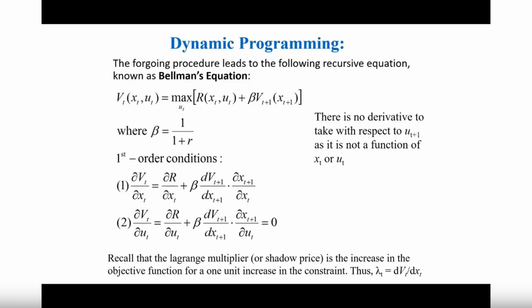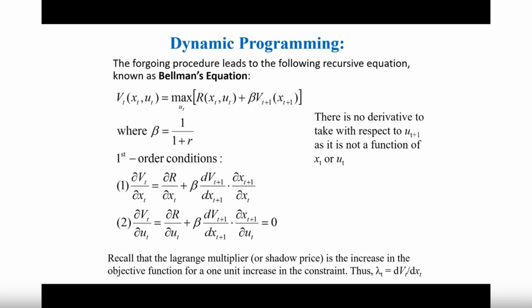Now, returning back to the foregoing procedure, we end up having a recursive relationship and a recursive equation, which is known as Bellman's equation. And it basically summarizes what we do over time. And what we do is we take the first order conditions. So in the first order condition that we find, we take the derivative of both sides with respect to the state variable.